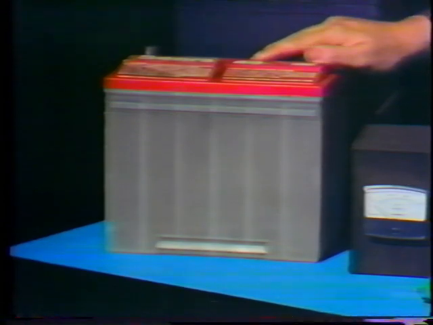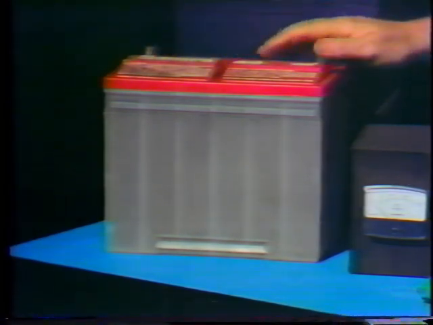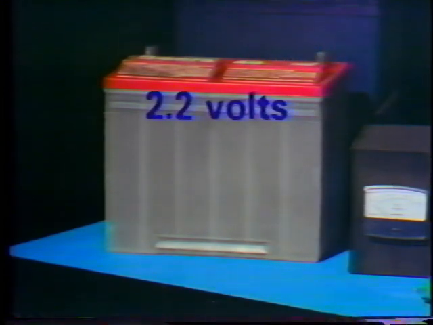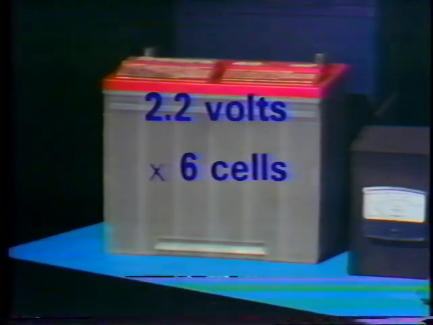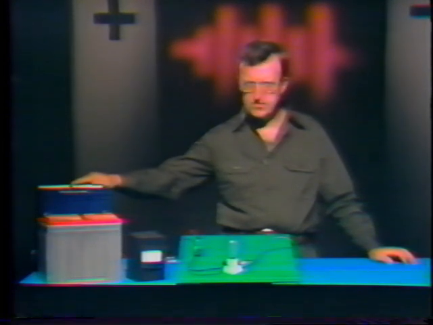It has 6 cells, and when the battery is fully charged, each cell produces 2.2 volts. The cells in the battery are connected in series, so the total output of the battery is 6 times 2.2, or 13.2 volts. Now, this battery is completely discharged, so it won't produce 13.2 volts.